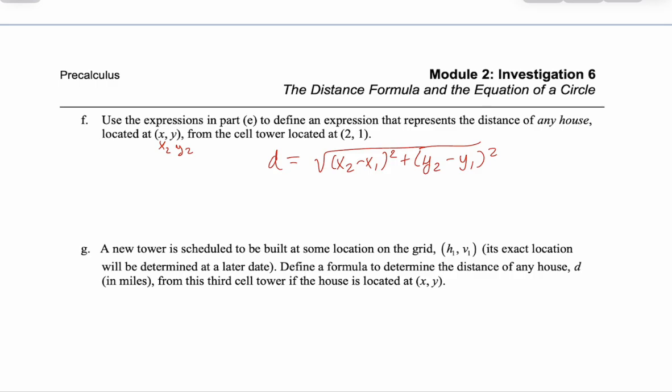Our y2's are going to be replaced with a plain old y. And then this will be our starting position at the cell phone tower. Okay, so plop it in. So that is going to be x minus 2 squared plus y minus 1 squared.